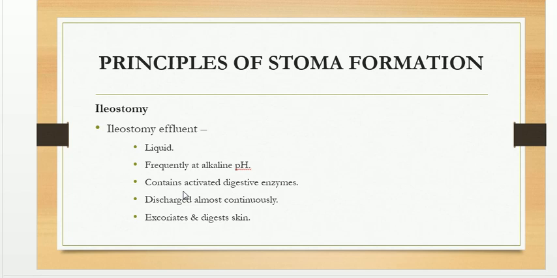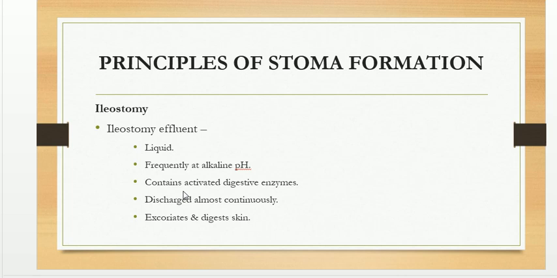When we make an ileostomy, we must know that the ileostomy effluent, whatever comes out of the ileostomy, is liquid, frequently at alkaline pH, and contains activated digestive enzymes, discharged almost continuously.